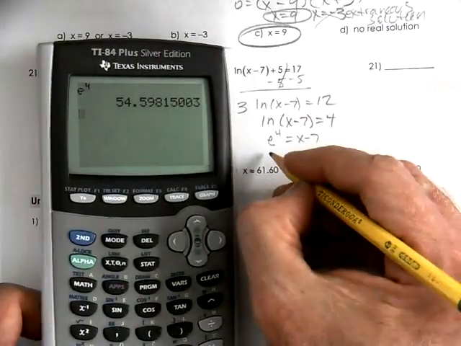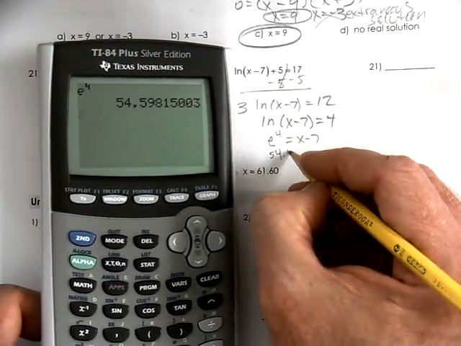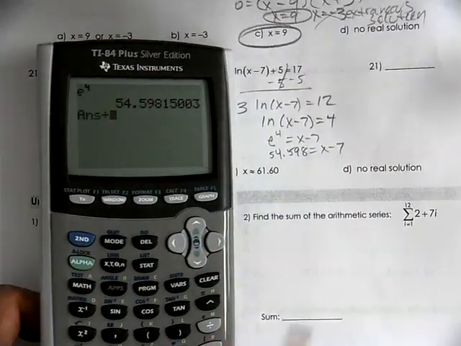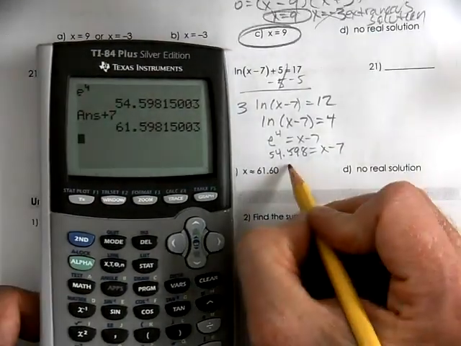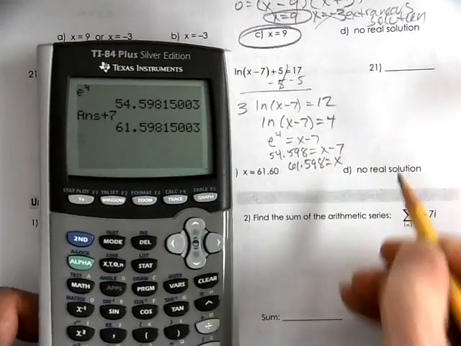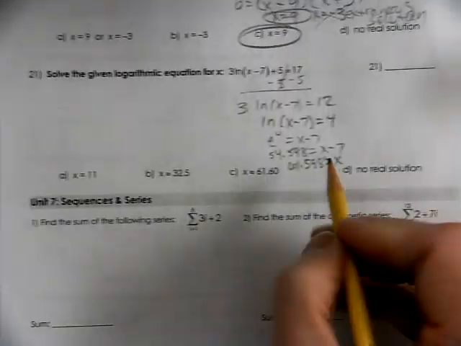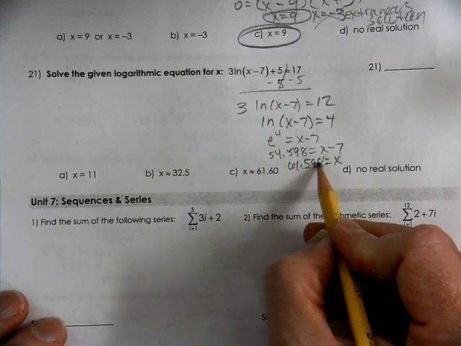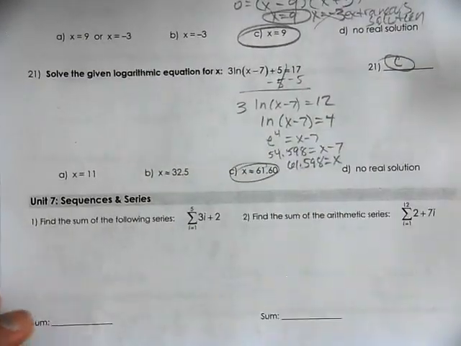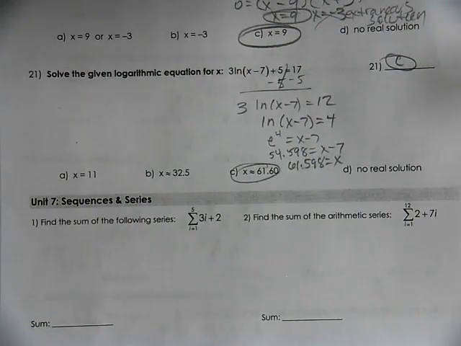Then we're going to add the 7 across. That equals 61.6. That's Unit 6.